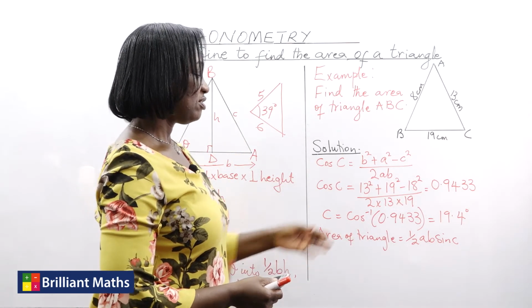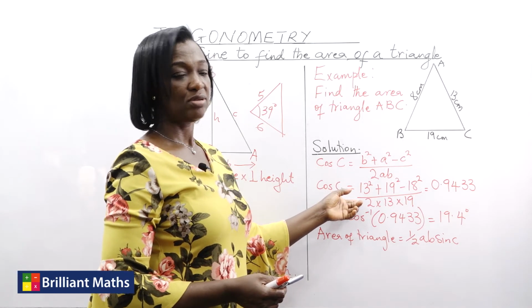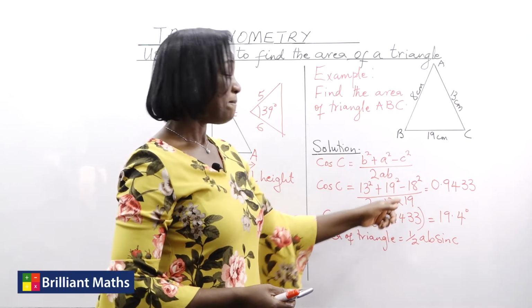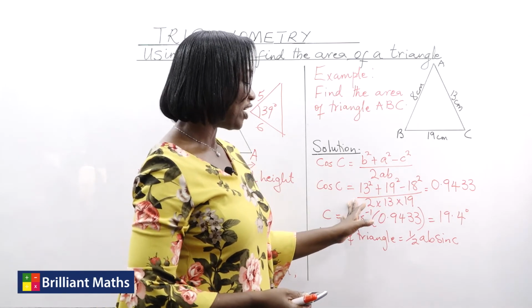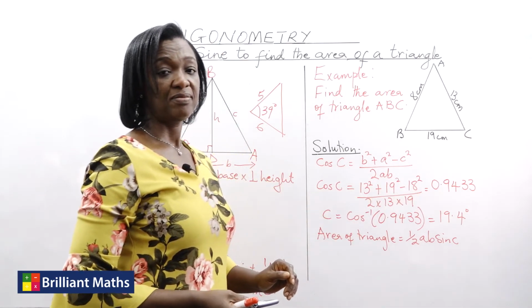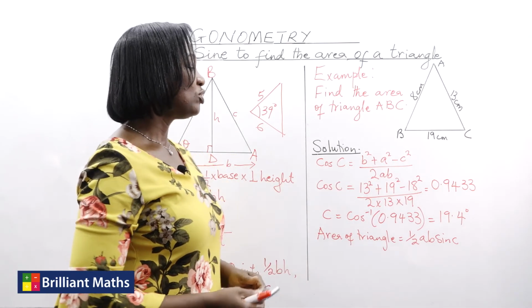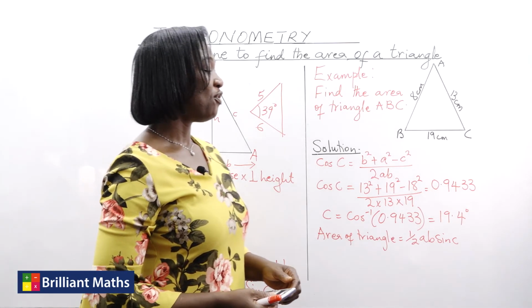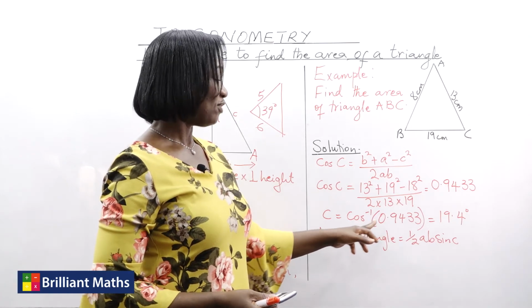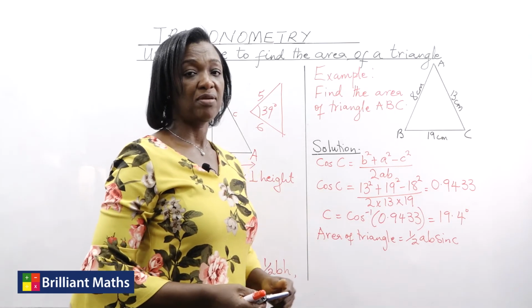So you input that into your calculator and you will get 0.9433. Take time to try it out. 13 squared plus 19 squared minus 18 squared over the product of 2, 13, and 19. You see, it's equal to 0.9433. Then you find the cos inverse of 0.9433.